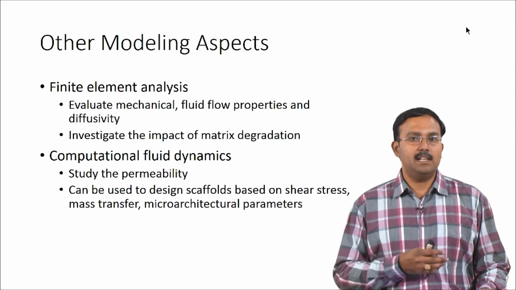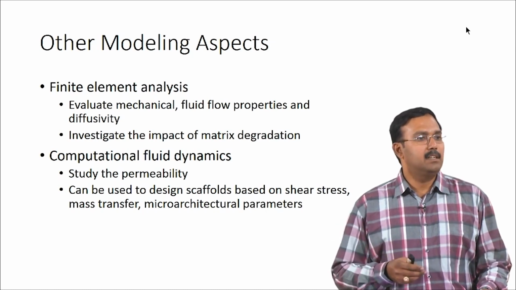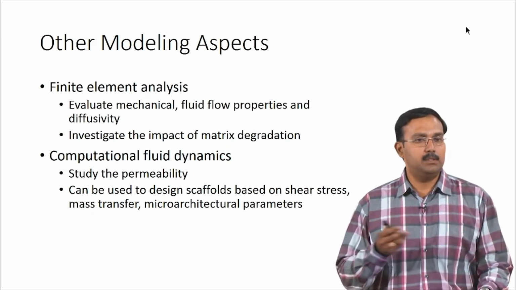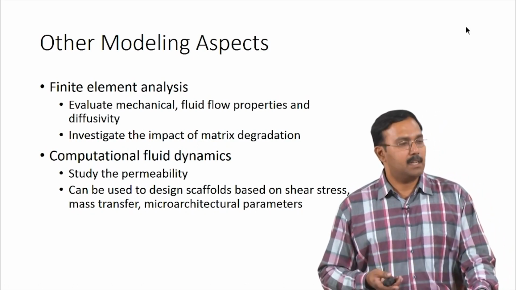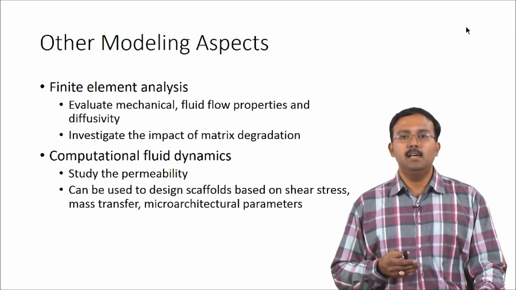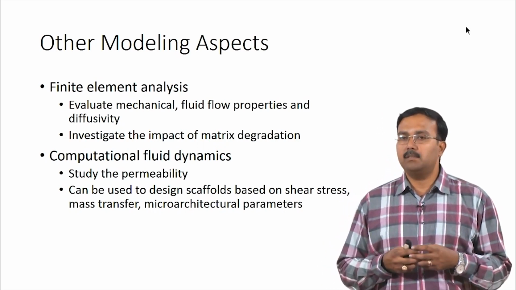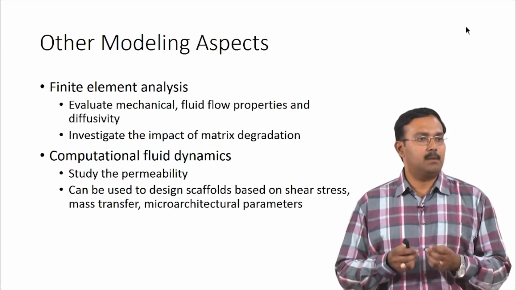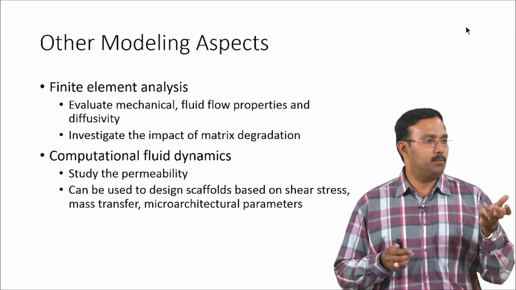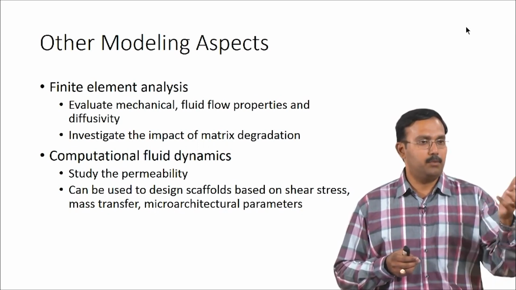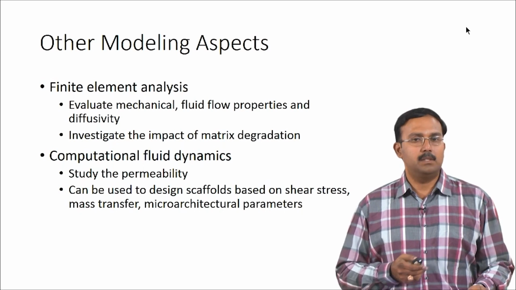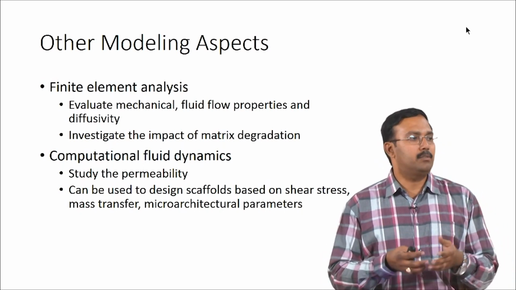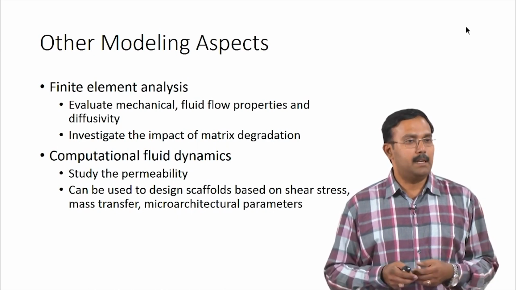You can also investigate the impact of matrix degradation, just looking at how the scaffold will actually change due to this. So, computational fluid dynamics can also be used to study the permeability, and it can also be used to design scaffolds based on the shear stress, mass transfer, and other microarchitectural parameters which would be there because of the fluid flow into the system. Okay. So, these are some of the modeling aspects which people have tried to incorporate as part of the 3D printing technology.